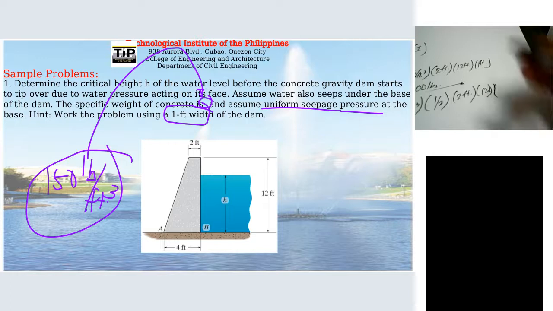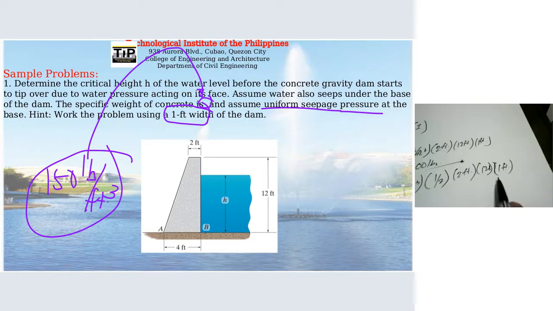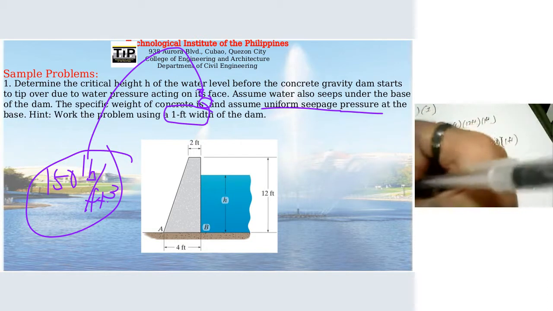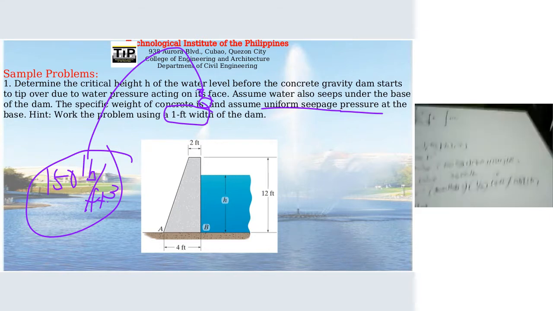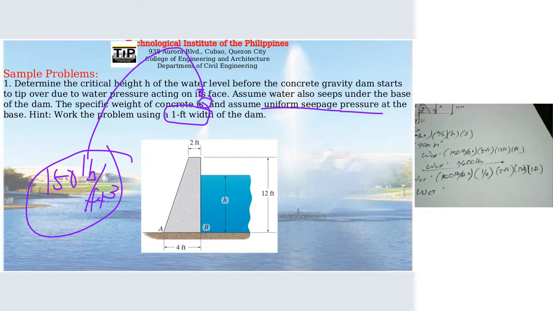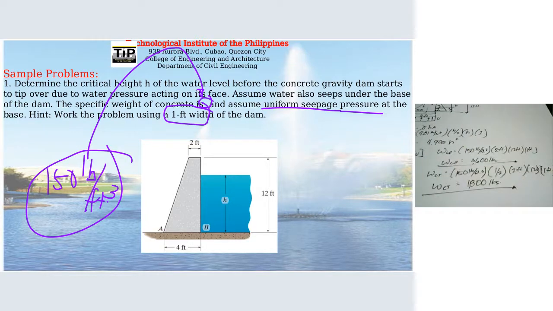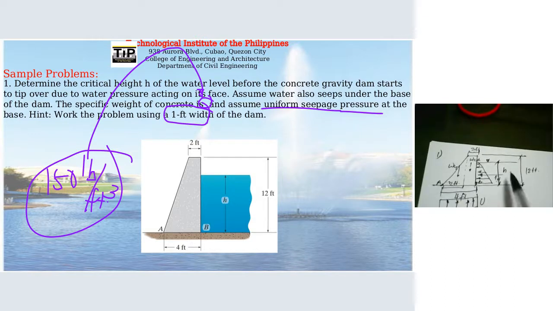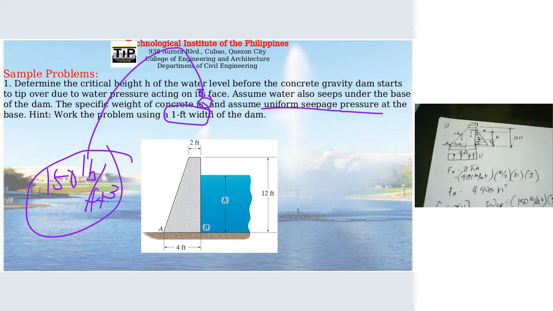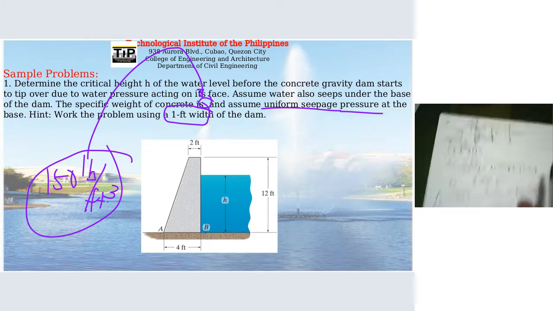And then the width is 1. So what is the weight of the triangle? Okay, 1,800 pounds. Okay, so we already have the values for F sub H, W sub C sub R, W sub C sub T. We only have to solve for the U to complete the forces.